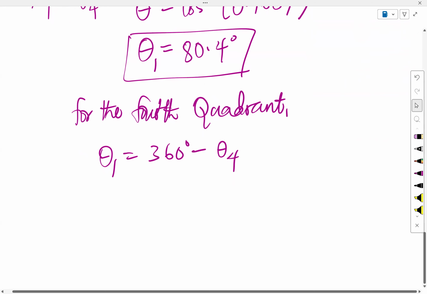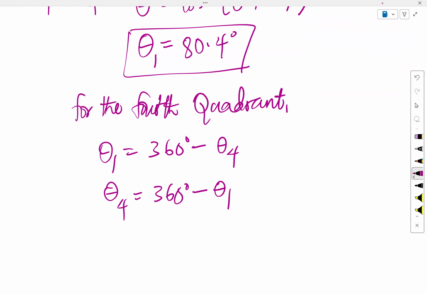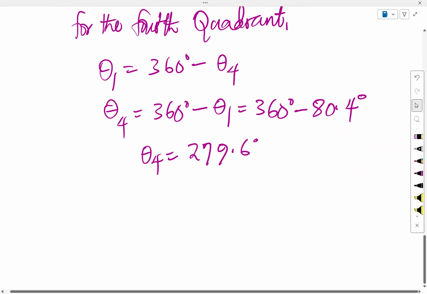So that simply means that theta 4 is equal to 360 degrees minus theta 1, and that is 360 degrees minus 80.4 degrees. So theta in the fourth quadrant is 279.6 degrees.